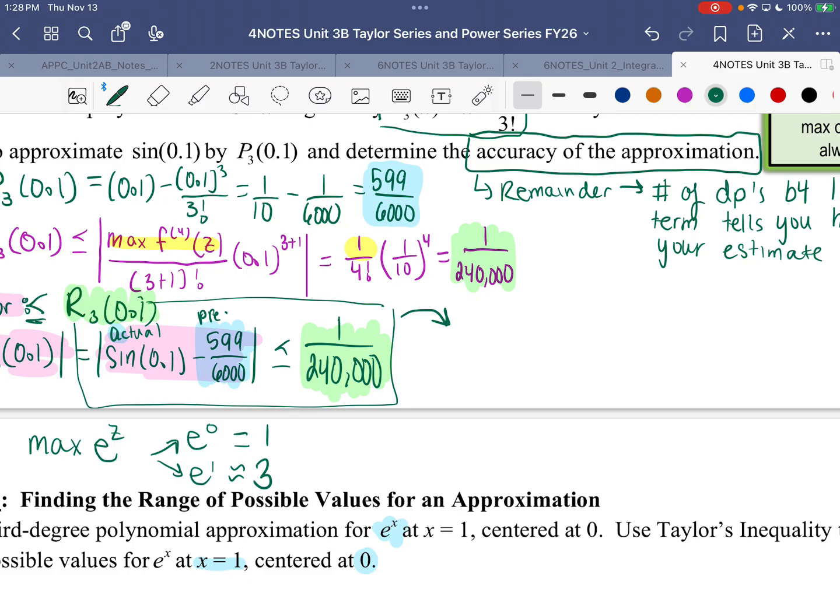Because right now I feel like 599 over 6,000 doesn't mean a whole lot to you. And 1 over 240,000 doesn't mean a whole lot to you. But if you type it in, you can get the decimals. A lot of times they'll ask, is your actual error less than 1 over 100,000?